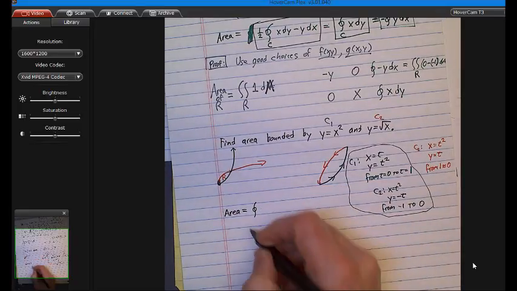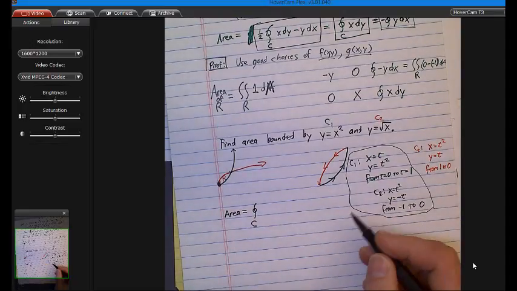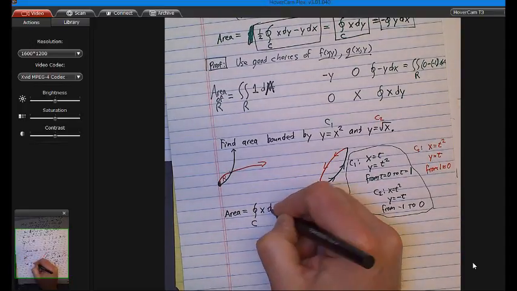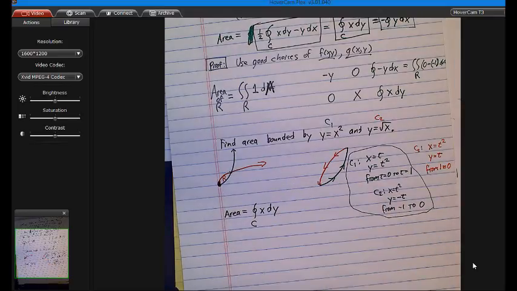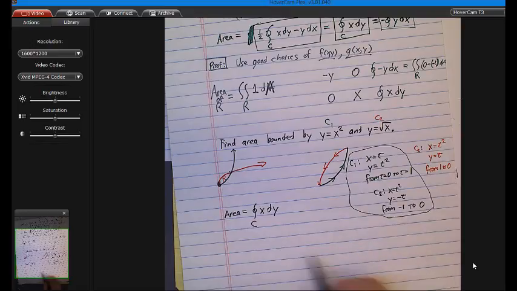So the closed integral over C of x dy. And again, I'm thinking of this parameterization.